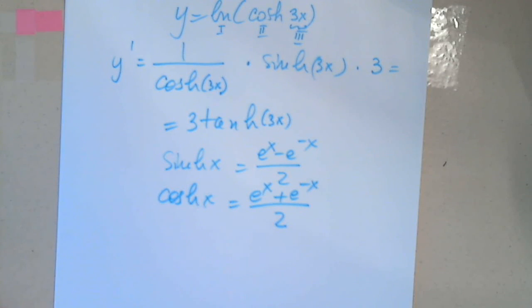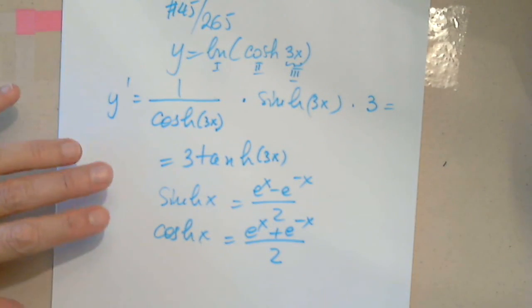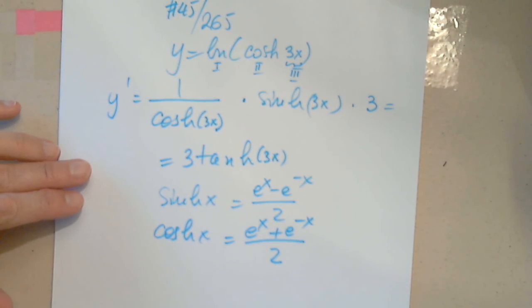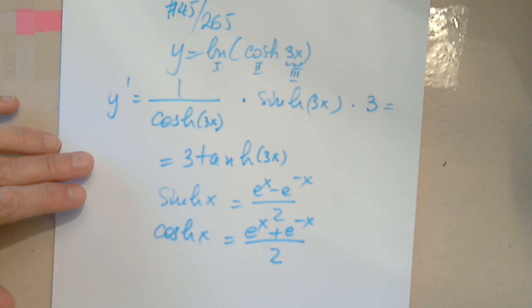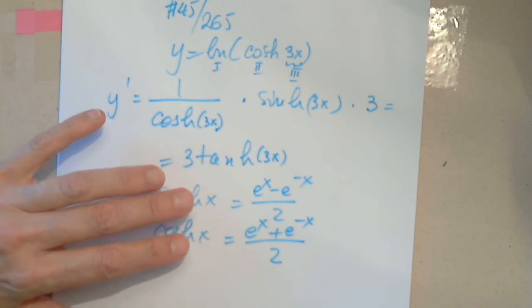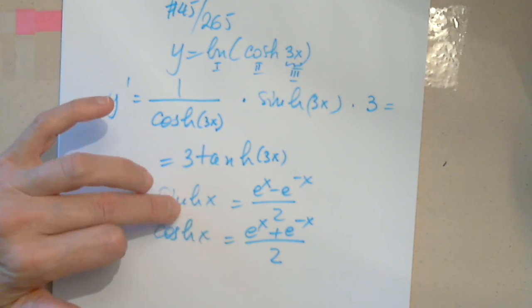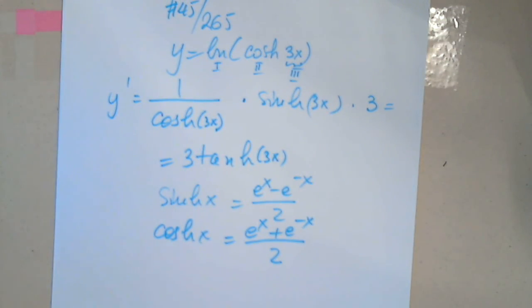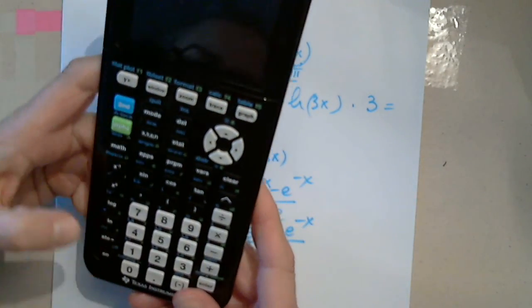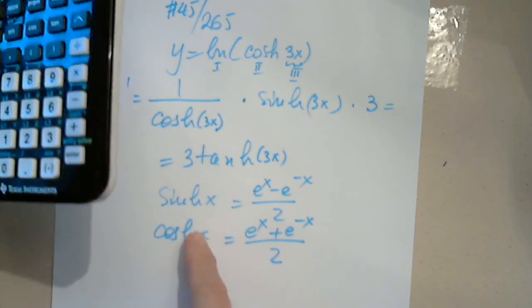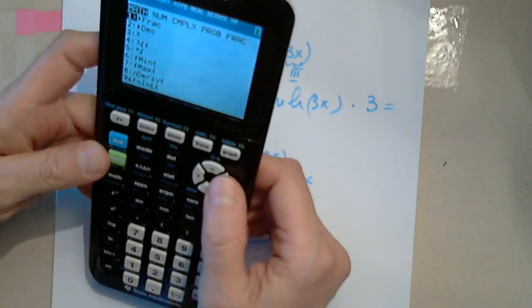Is that better? Yeah. Would it be expected to write it out as e to the x minus e to the negative x? Yeah, you will not have to do that unless you have to evaluate it. I don't know if the calculator has these functions anywhere. If you find them, let me know.